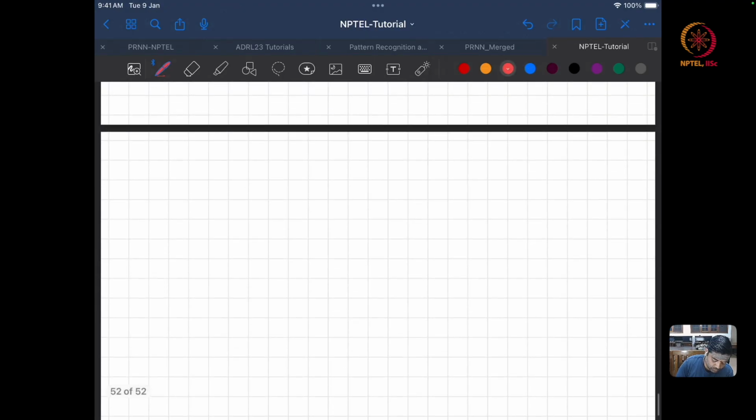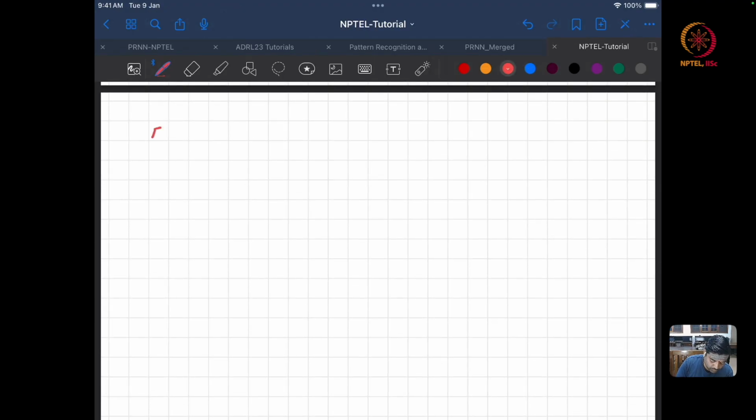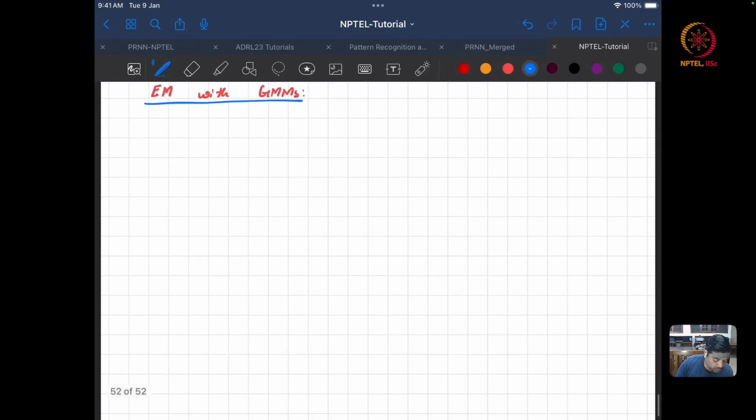EM with GMMs. So we all know that in MLE, we obtain theta star as argmax over theta of the summation over all the data of log of p theta of xi.